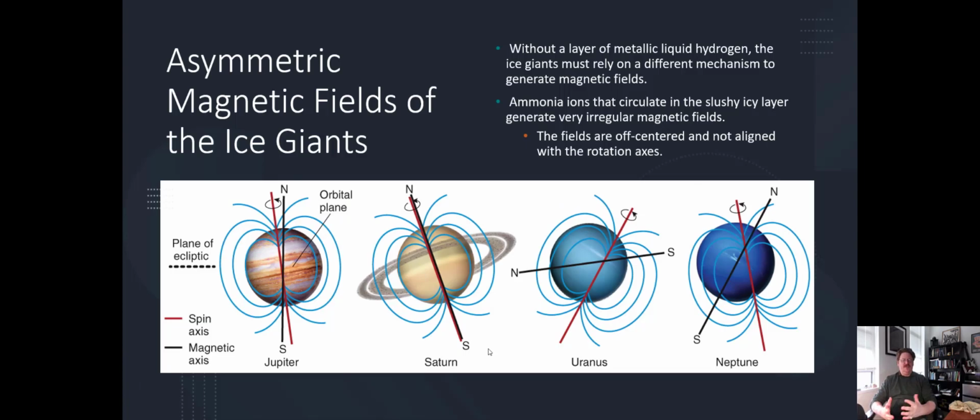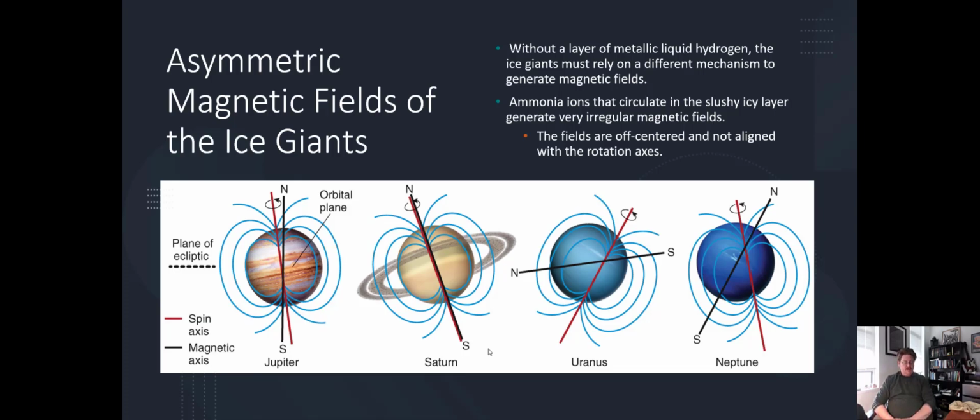Now, in terms of the magnetic fields, again, Jupiter and Saturn's are very well behaved, as it were. Saturn's is so well behaved, it's actually a puzzle as to why there is no deviation between the magnetic axis and the rotational axis, as there is, say, in Jupiter. Uranus and Neptune's are way different.